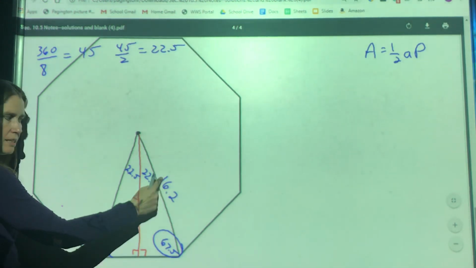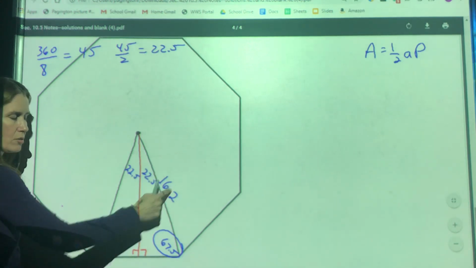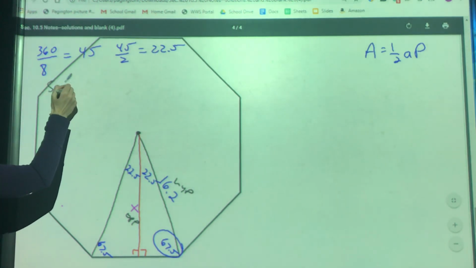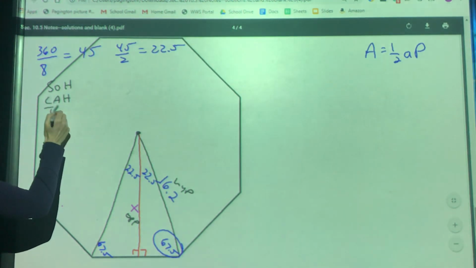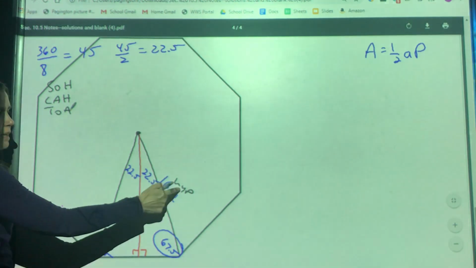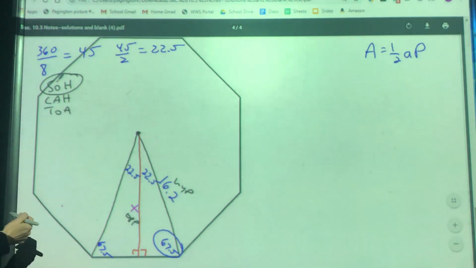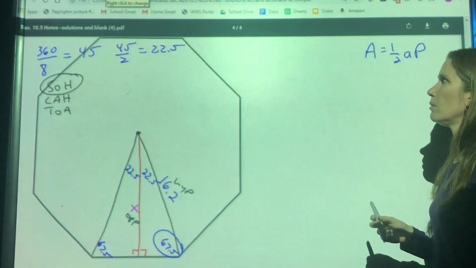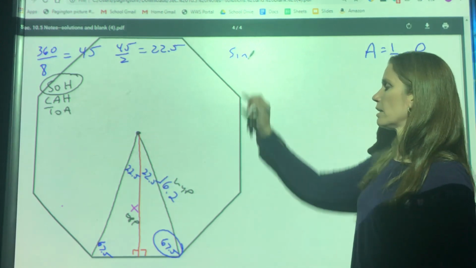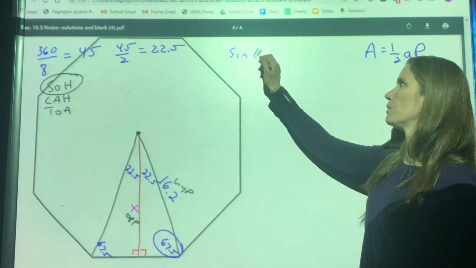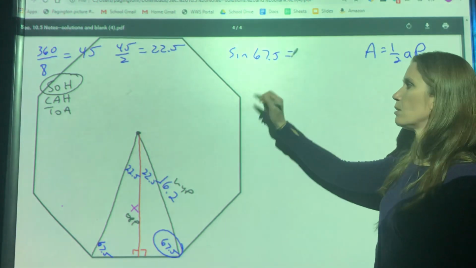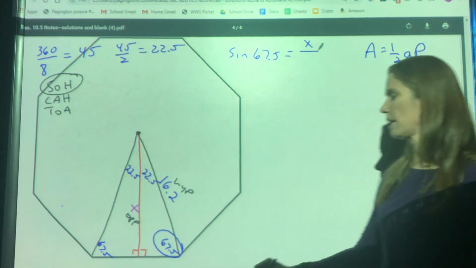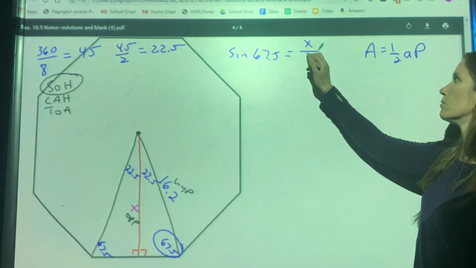And I know that this length that I know, 16.2, is across the right angle, so that's my hypotenuse. So if I think of my SOHCAHTOA, if I've got O and H, then this time I'm dealing with sine. So a little different than last time. So I'm going to put that right here. So I've got sine of my angle, 67.5, is equal to opposite over hypotenuse. So my opposite is my X, and my hypotenuse is my 16.2.